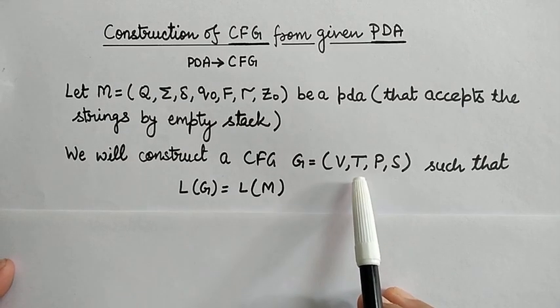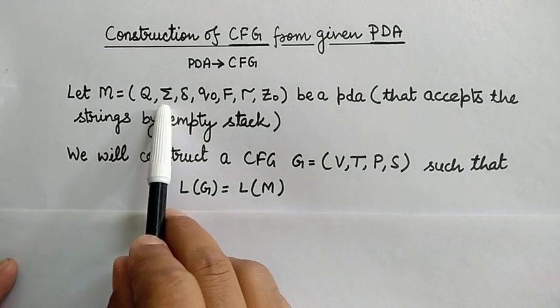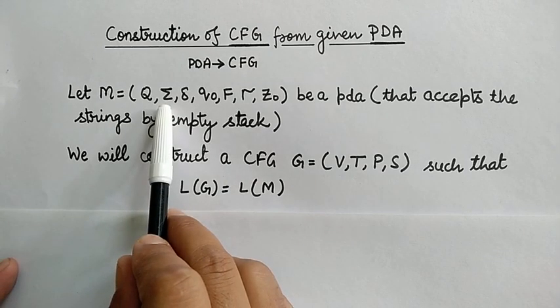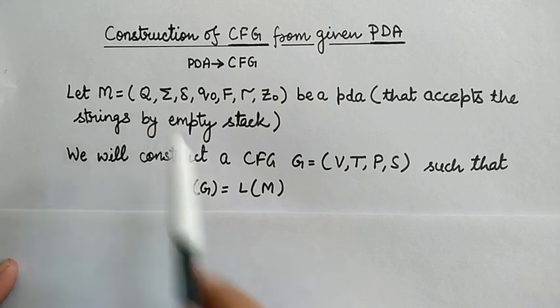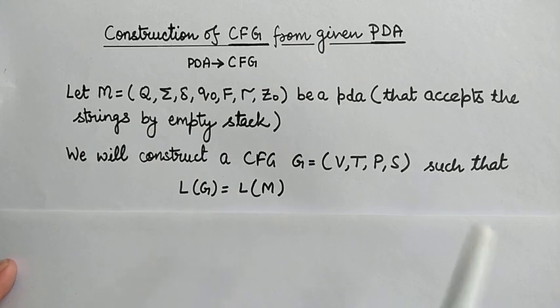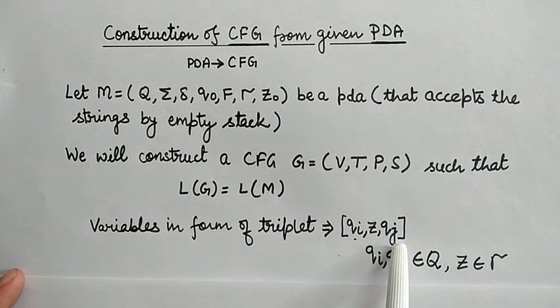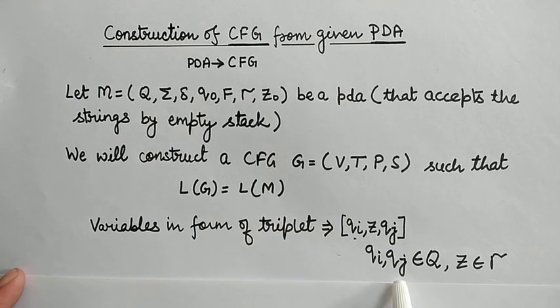In this grammar G, the set of terminal symbols will be equal to the set of input alphabet symbols, and in the set of variables V, except the start variable S, all the variables will be in the form of this triplet, where Qi and Qj are from set Q and Z is from set tau, that is the stack alphabet.